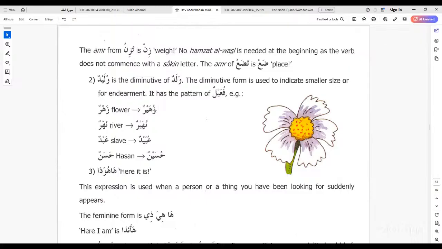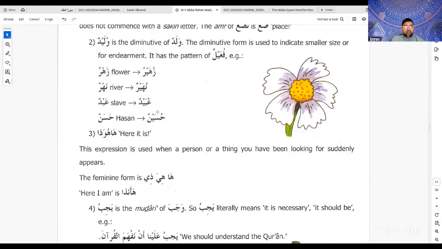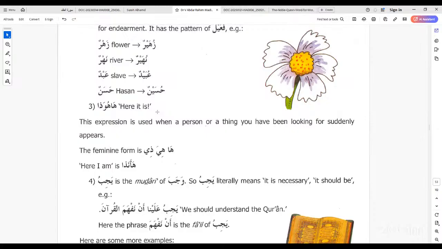So wulayd is the diminutive of walad. The diminutive form is used to indicate smaller size or endearment. It has the pattern of fu'ayl. For example, zahrun, flower, is zuhayr. Nahrun, nuhayr. Abdun, ubayd. Hassan, Hussein.